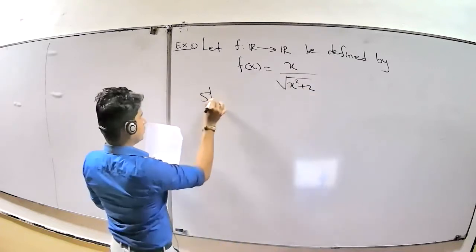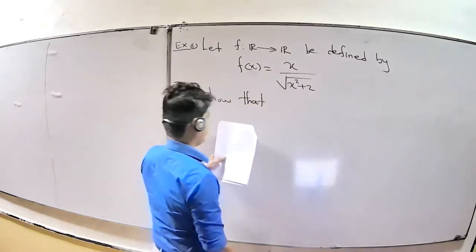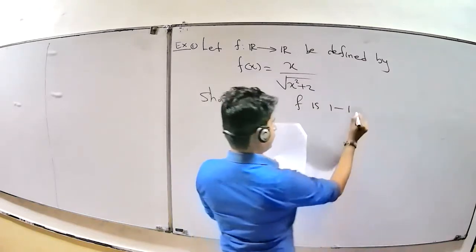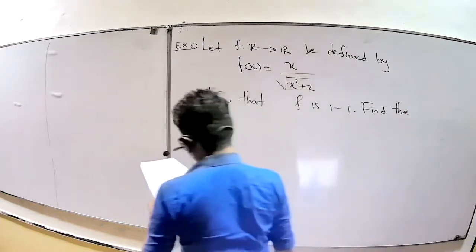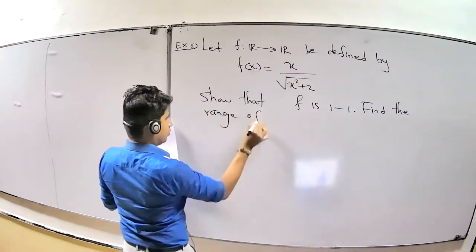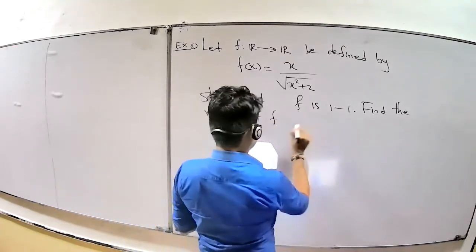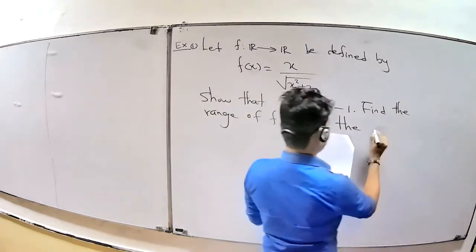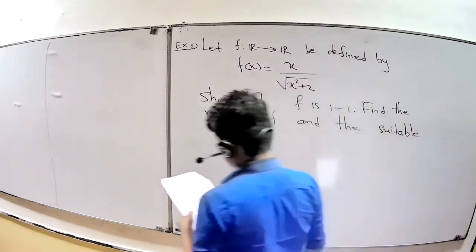Show that f is 1 to 1. Find the range of f and the suitable inverse.